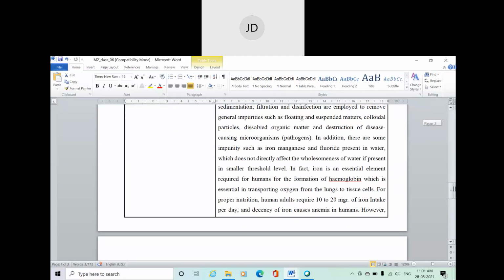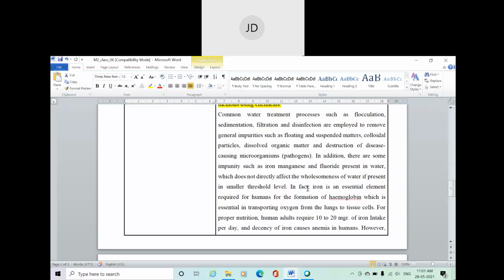It should be within a permissible limit. They do not affect the quality or wholesomeness of the water if present at a smaller threshold level, that means in a permissible limit.